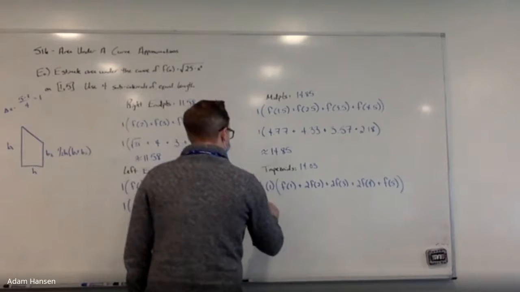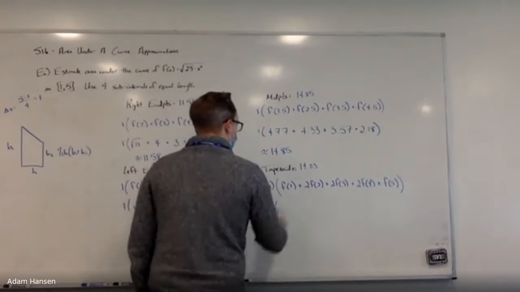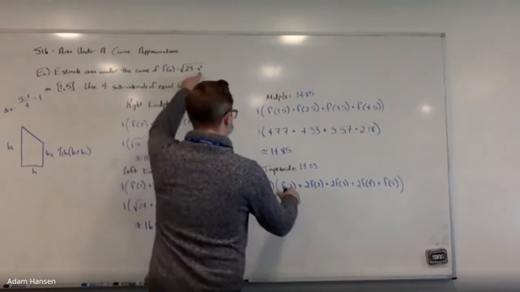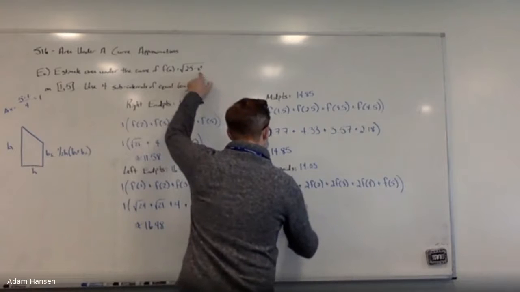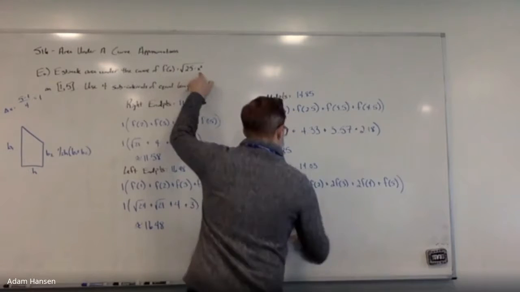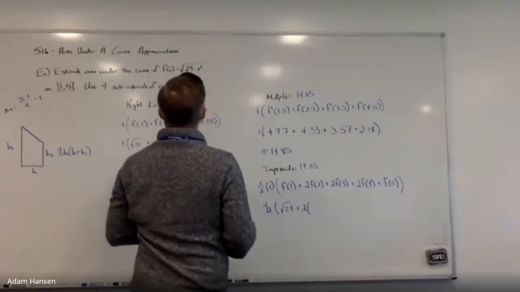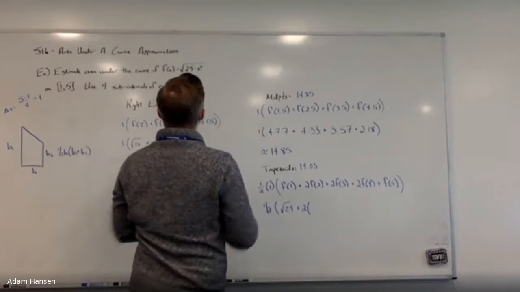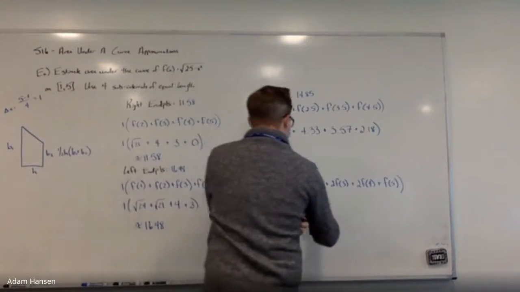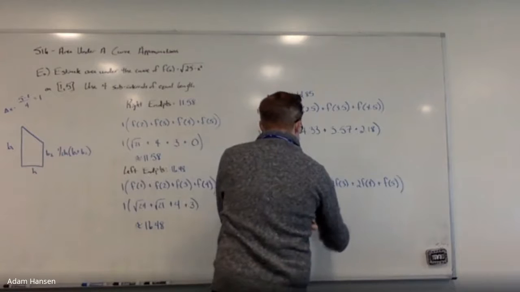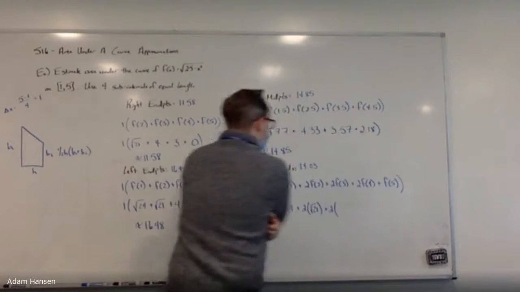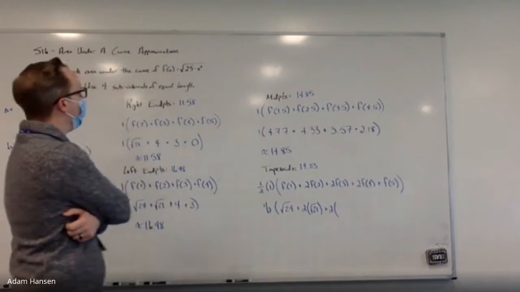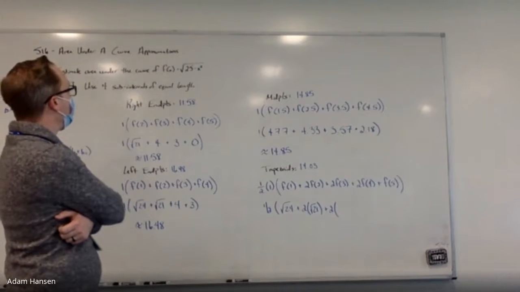1/2 of 1 is 1/2. F of 1, 25 minus 1 squared is root 24. 2 times f of 2, that's the square root of 25 minus 4, which is 21. F of 3 would be 25 minus 3 squared, which is 25 minus 9, 16.